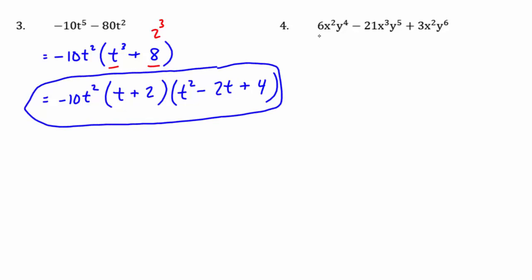So when I look at number 4, we have 6x squared y to the 4th, 21x cubed y to the 5th, and 3x squared y to the 6th. So when I try to factor this out, I see they all share a common factor of 3. They all share a factor of x squared. And they all share a factor of y to the 4th.